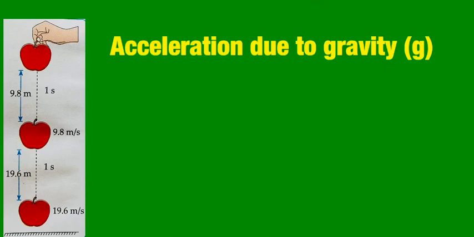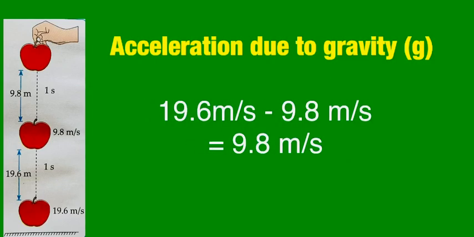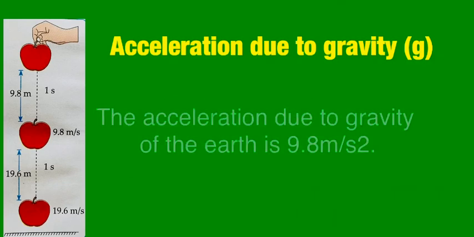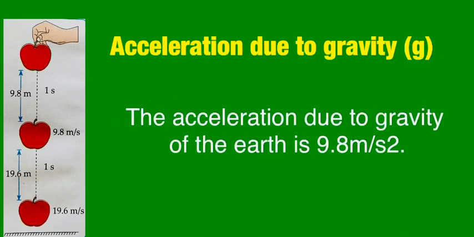Here in this example, when you subtract 9.8 from 19.6, you get the difference 9.8 meter per second. So in every second of the fall, the difference is 9.8 meter per second. That's why we say the acceleration due to gravity of the Earth is 9.8 meter per second square.